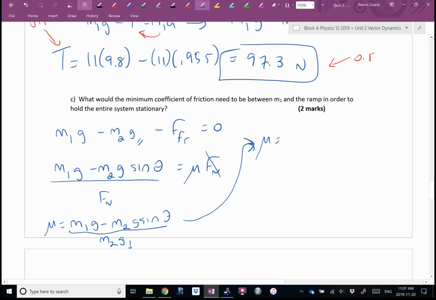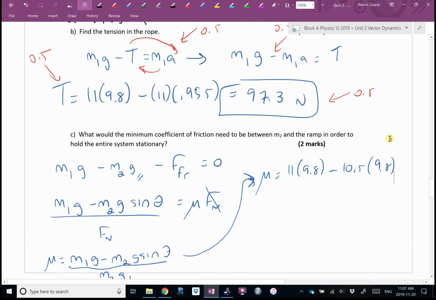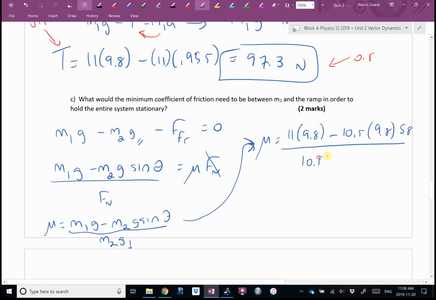Mu is going to be M1 11, G 9.8, minus M2 10.5, G 9.8, sine 58, all over M2 10.5, G 9.8, cos 58.